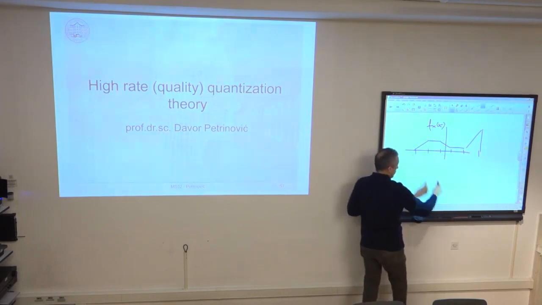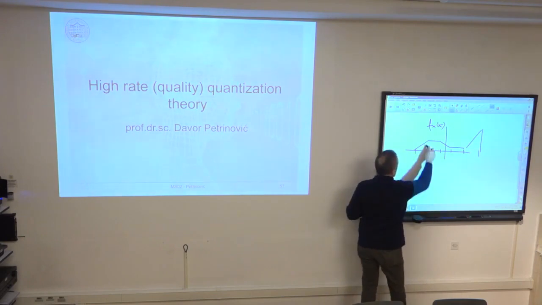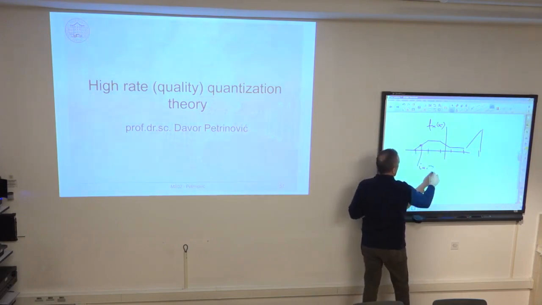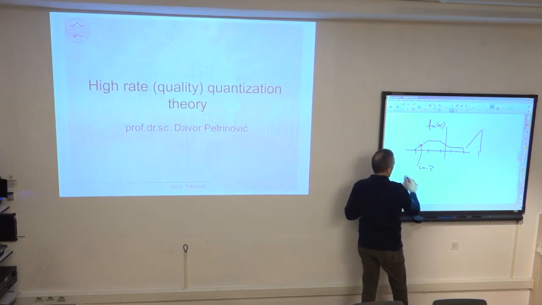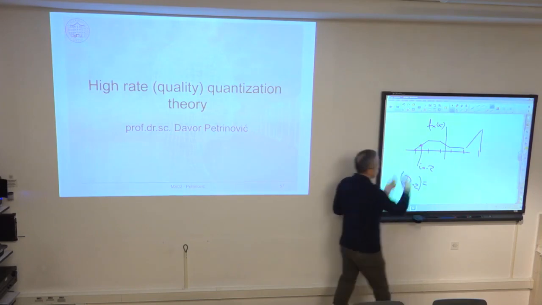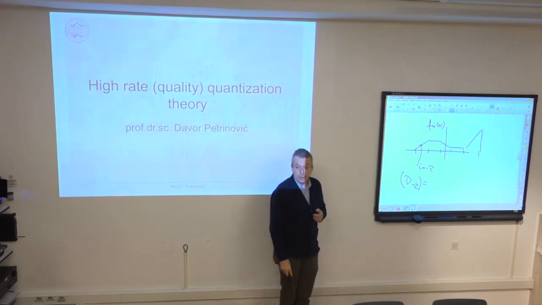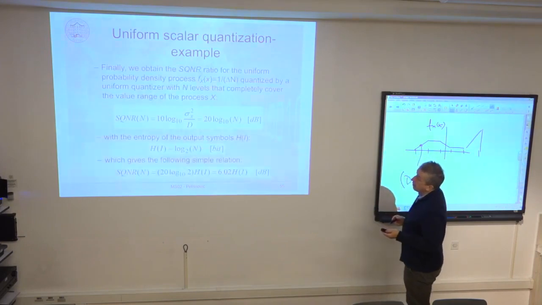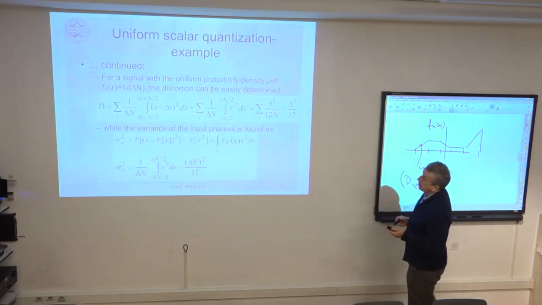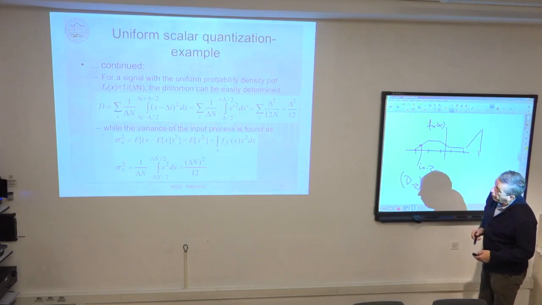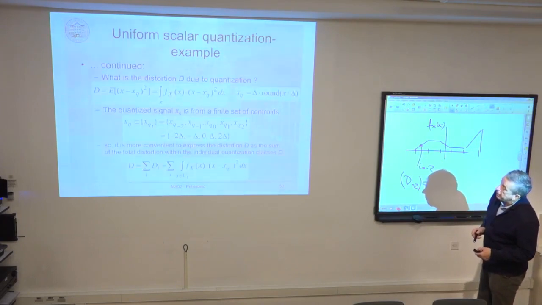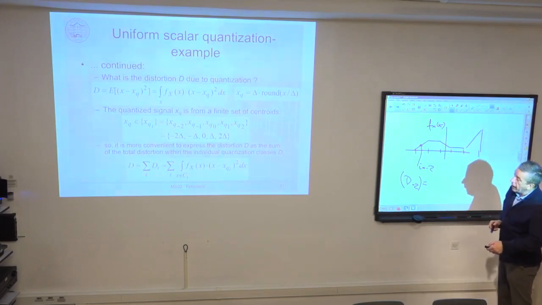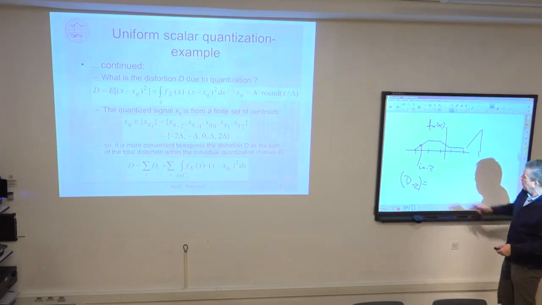So the actual value, for example, when I compute this D_i for this interval, let's say this i is -2, and I want to find D_-2, the distortion corresponding to this first interval. So this distortion is this integral here. Okay, so this D_i is this integral.